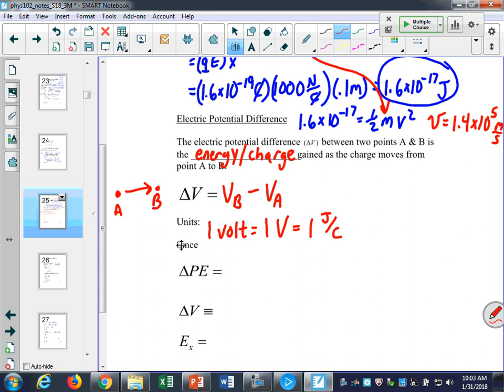It's kilogram meter squared per second squared, so a volt is kilogram meter squared per second squared per coulomb. I might give you some questions on what the basic SI units are as we begin to build these things. I did that some last semester, I did, okay. You might see that again, so just beware of what the units are.